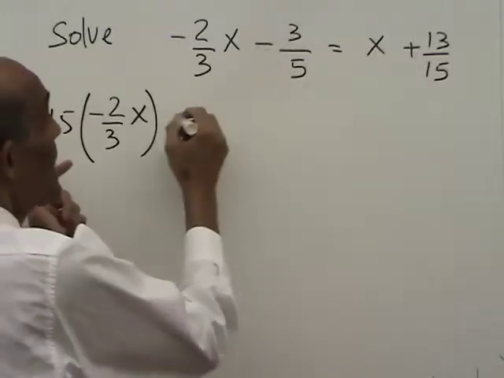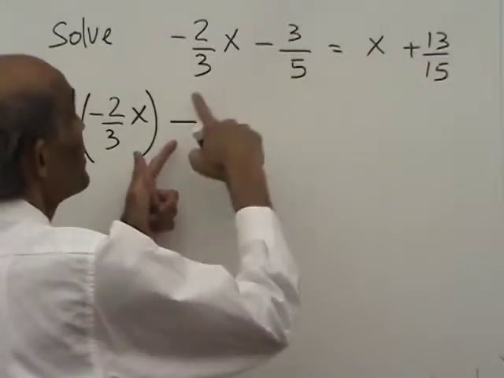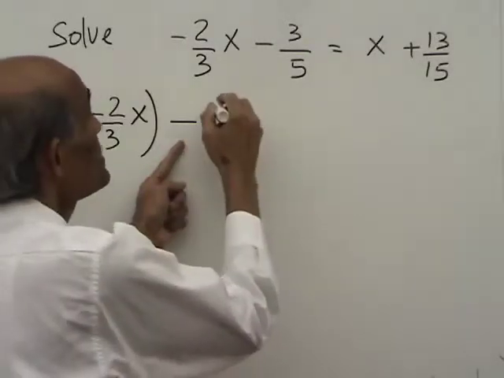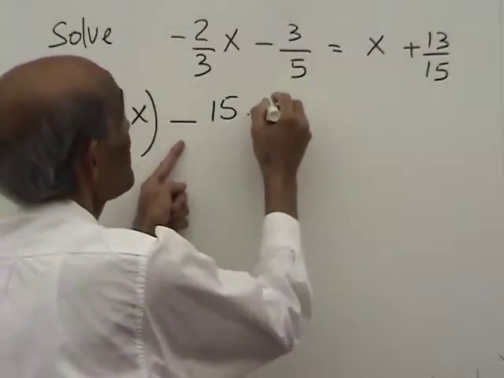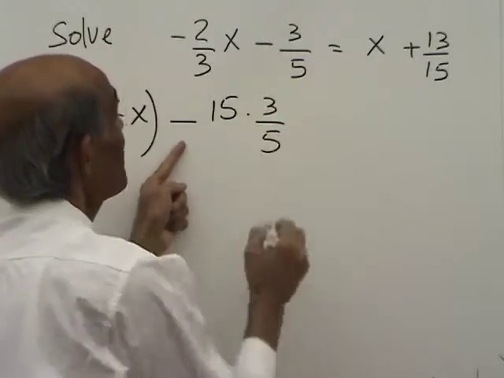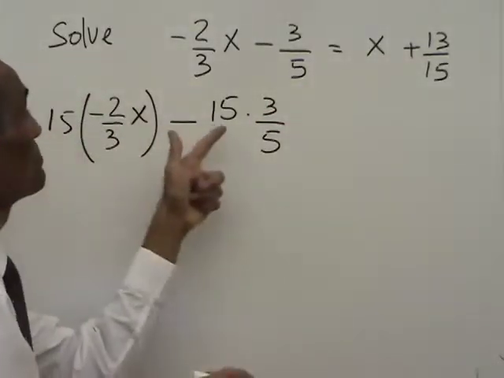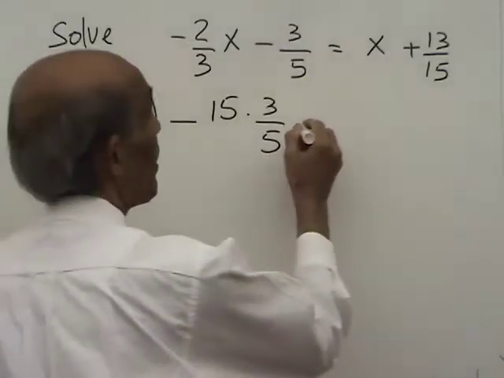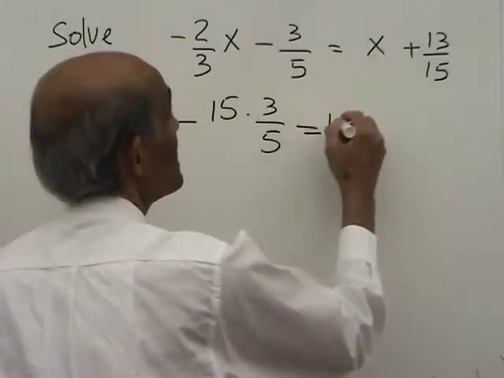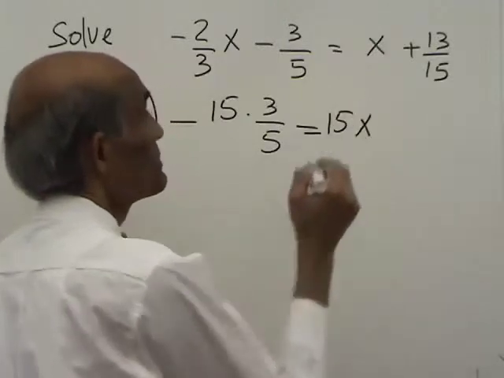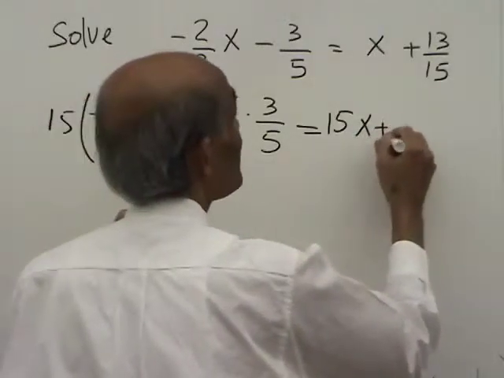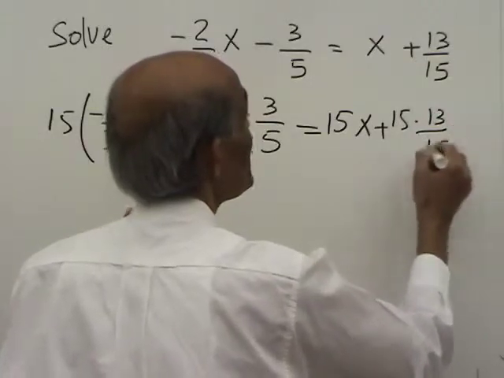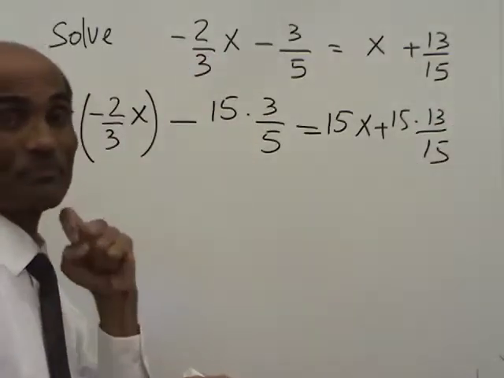This time, I can do the multiplication after the minus: minus 15 times 3/5. So multiply both terms on the left by 15. On the right, 15 multiplied by x is 15x plus 15 multiplied by 13/15.